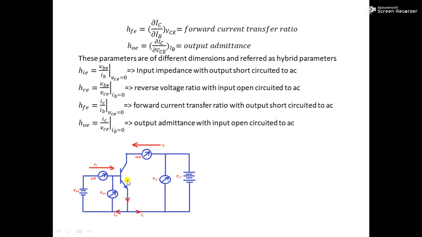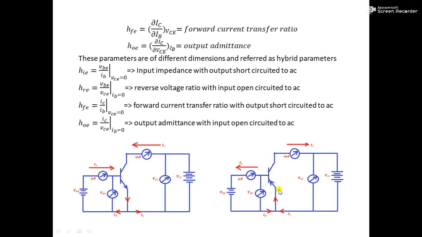This is the circuit diagram for the characteristics of the common emitter connection. This is an NPN transistor, and this is the circuit for a PNP transistor.